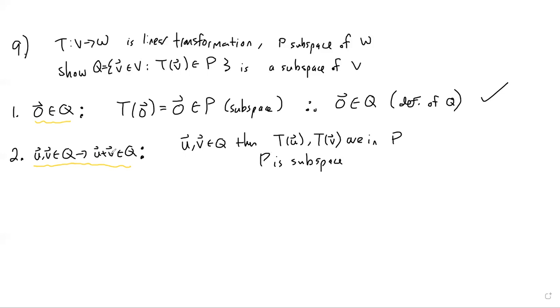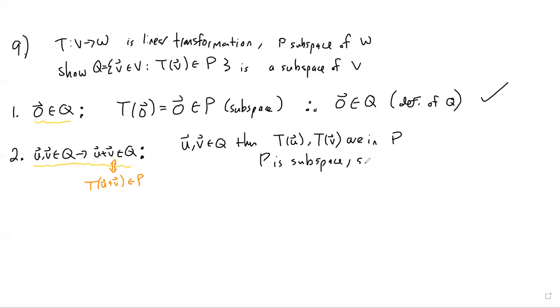My goal is to show that U plus V is in Q, and it might be worthwhile to know exactly what that means. That's basically the same thing as saying that T of U plus V is in P. So I need to get to that somehow, and it's just going to use that subspace property.